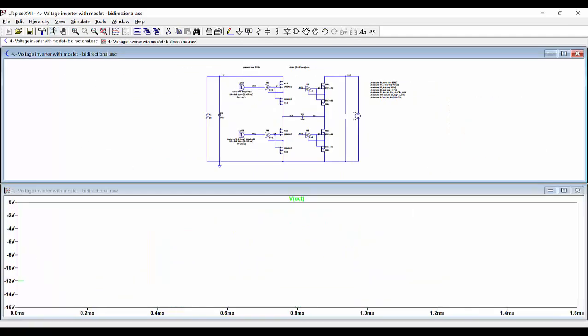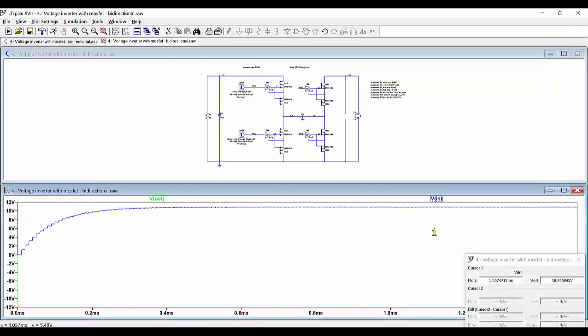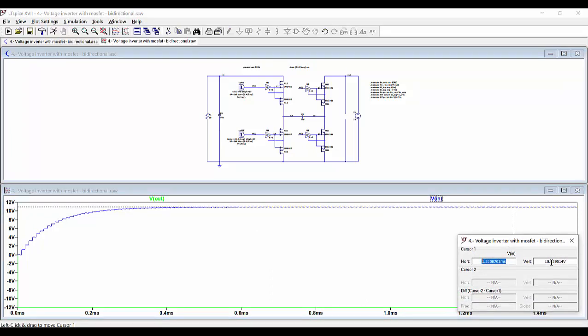So now we can run and see now the output voltage, of course, is minus 12 volts, and now the input voltage is getting the positive voltage as expected.